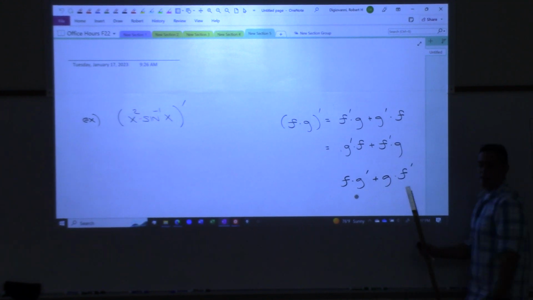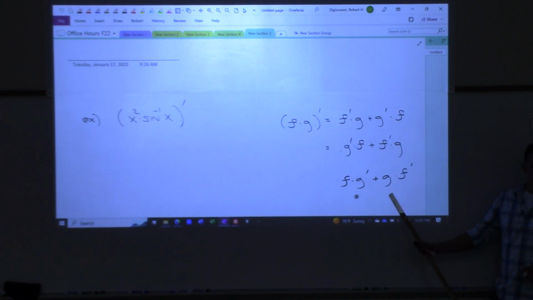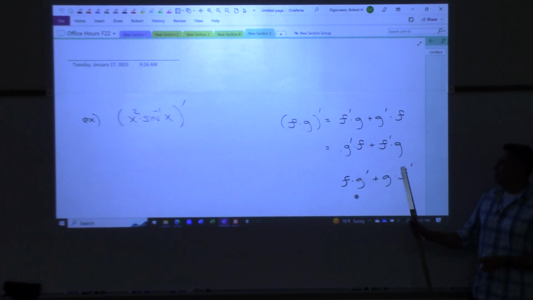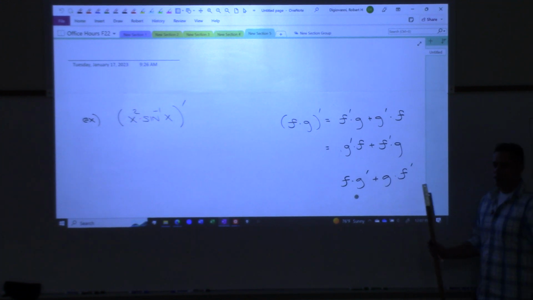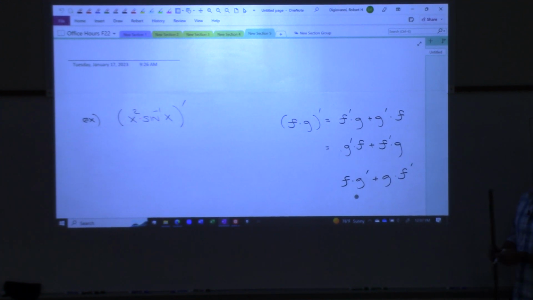That's the way it's taught in a lot of books. You could keep flipping things around. I just put a plus sign between the two and then the derivatives on the outsides. So there are different ways we could write the product rule, right?